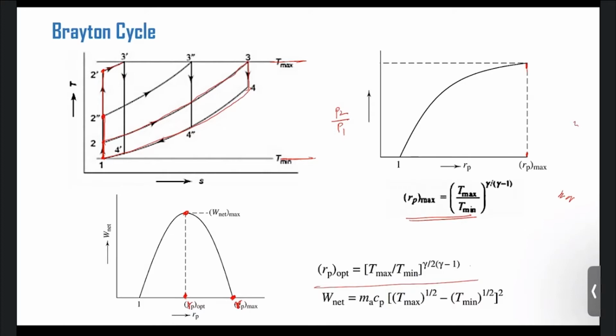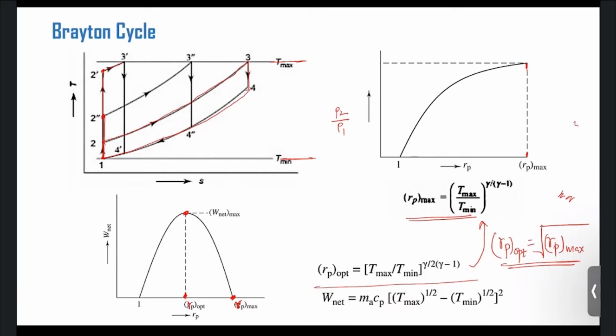And if you see both this Rp max and Rp optimum, you can see that Rp optimum is nothing but the root of Rp max. Okay, so this is the optimum pressure ratio for maximum work output.